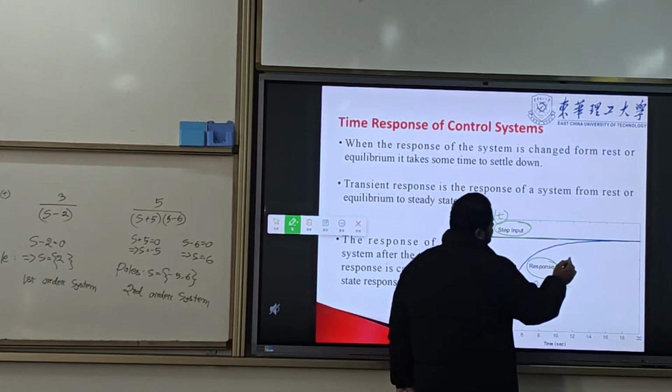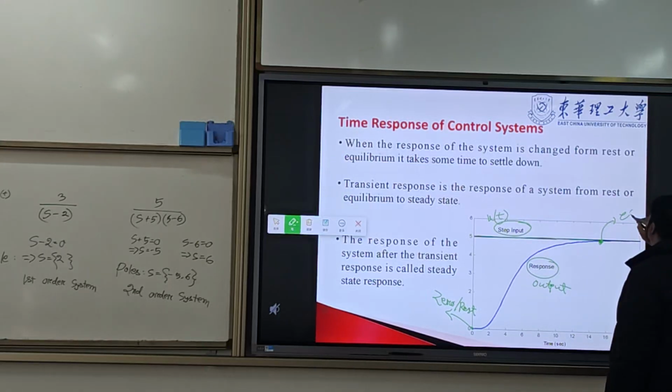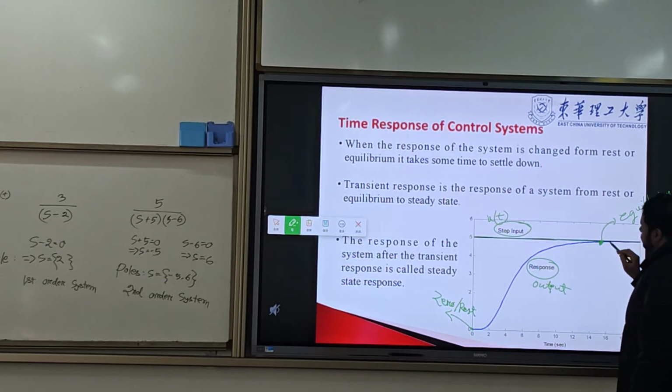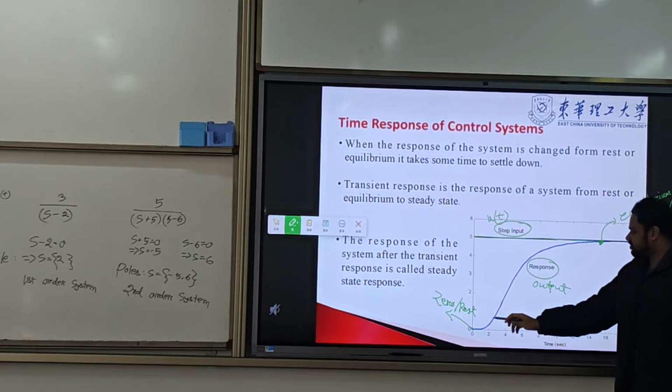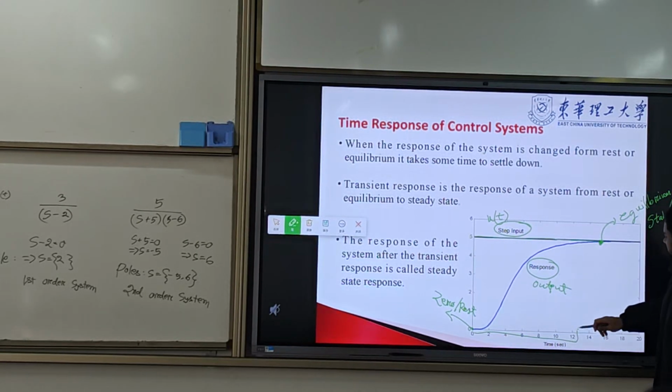and it will reach this point, which we call the equilibrium or stable point. Look, the output will start from zero and it will take some time.